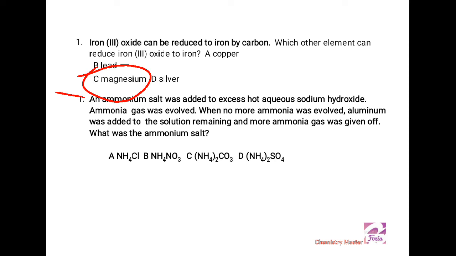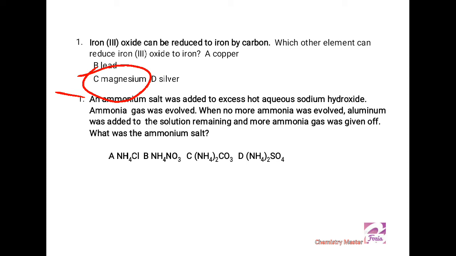The next MCQ is, an ammonium salt was added to excess hot aqueous sodium hydroxide. Ammonia gas was evolved. When no more ammonia was evolved, aluminum was added to the solution remaining and more ammonia gas was given out. What was the ammonium salt?